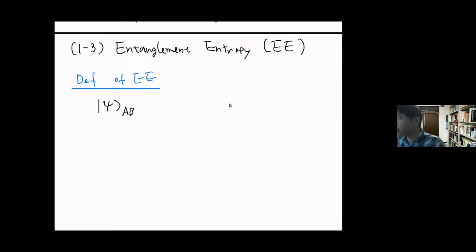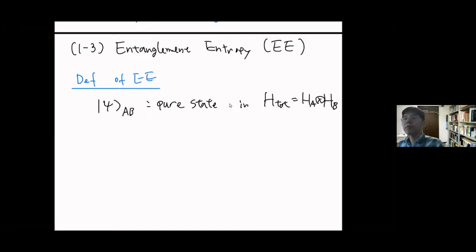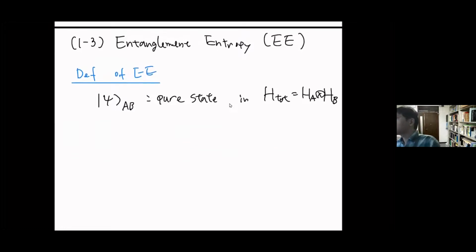Let's assume always a pure state, because entanglement is much easier with a pure state. It is a vector in the total Hilbert space, which is factorized into two parts, a bipartite system, as we have already seen.